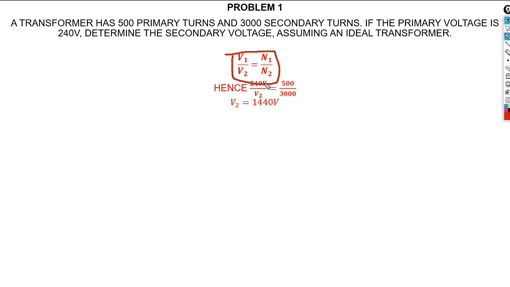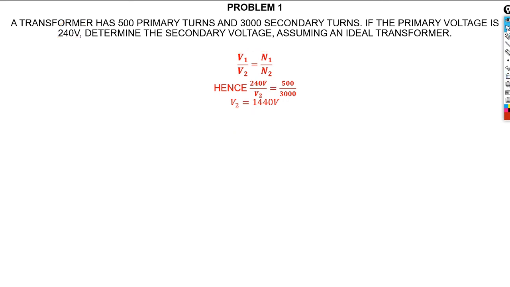You substitute all the given values, then you get your V2. So you can see V2 is bigger than V1, which means this transformer is going to be what? A step-up transformer, because you can see that we come in with 240 volts, but on the secondary we have a bigger voltage. So this is a step-up transformer.